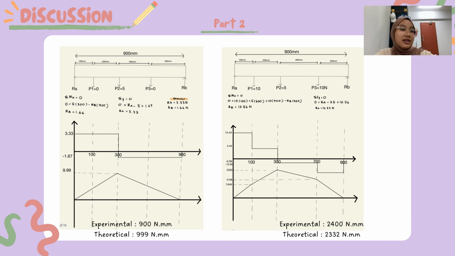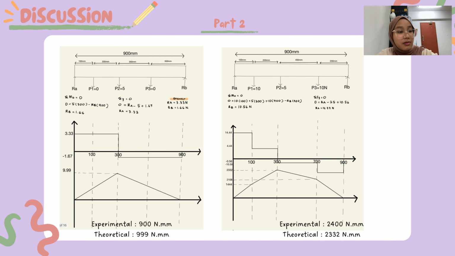On the right-hand side, the picture shows P1 is 10 Newton, P2 is 5 Newton, and then P3 is 10 Newton. Also using the same formula, we got RB is 10.56 Newton and then RA is 14.44 Newton.